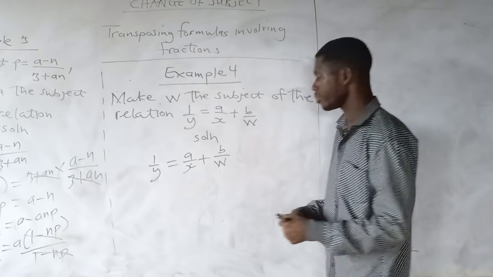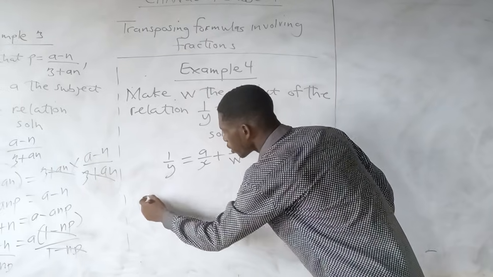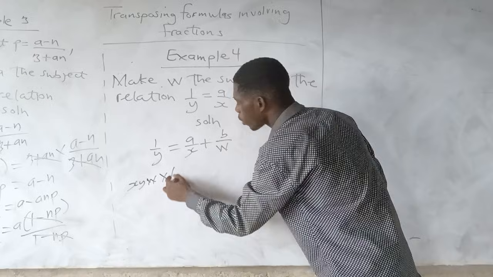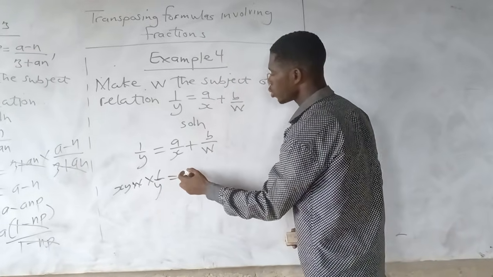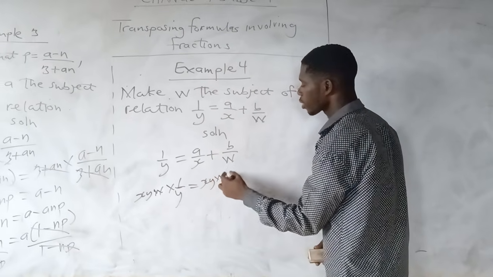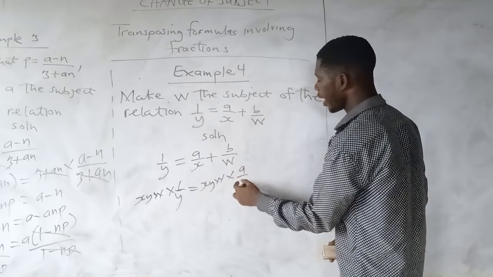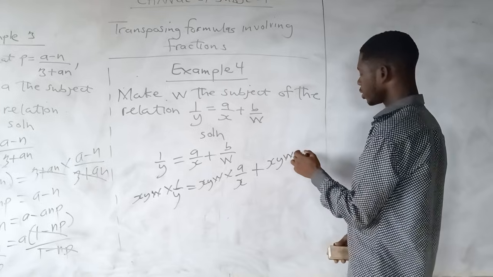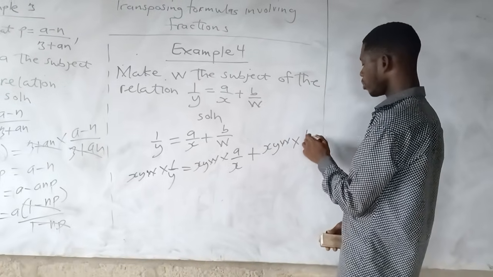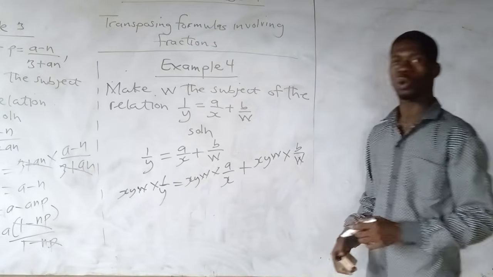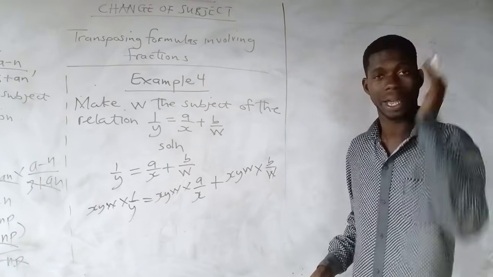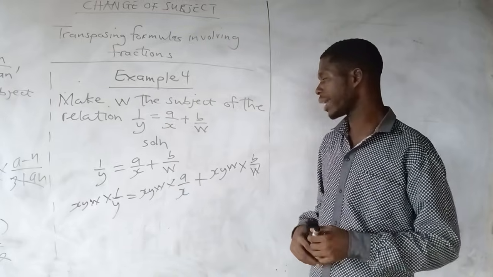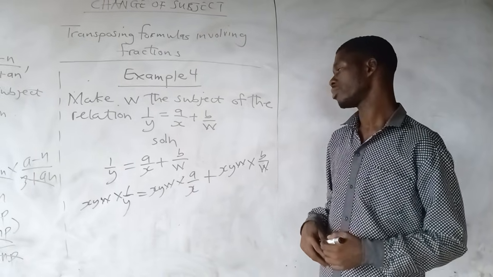So we multiply each term by the LCM. X, Y, W times 1 over Y equals X, Y, W times A over X plus X, Y, W times B over W. So you multiply each of the 3 terms by the LCM.